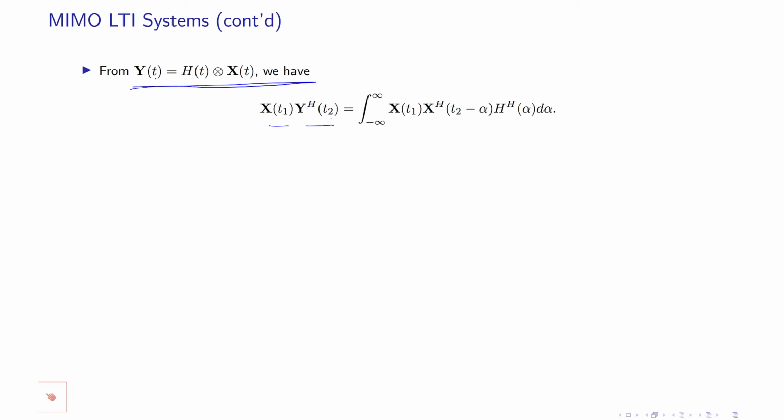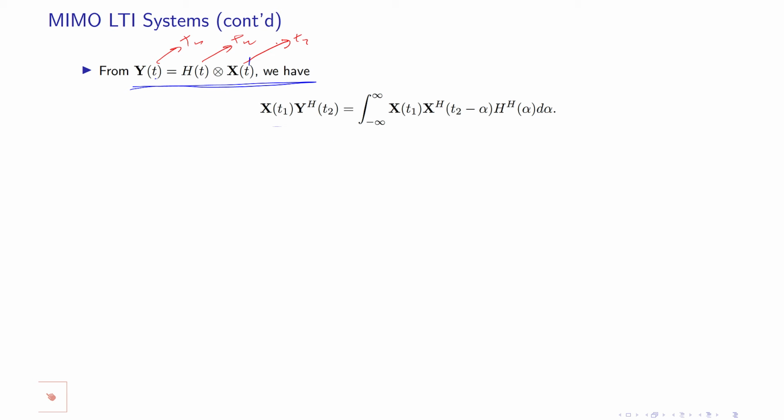So I substitute this t by t2, this one by t2, this one by t2, and then I have to put this Hermitian over it. And then I multiply it by x(t1). Then I could put x(t1) inside the integral. Now I could apply the expected value operator on both sides.